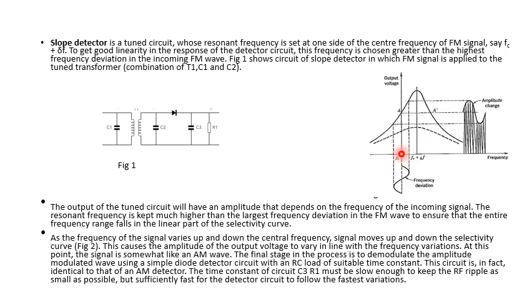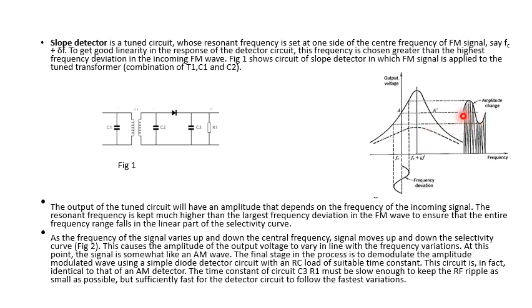Corresponding to the carrier frequency, the voltage is this much. Therefore, correspondingly, the amplitude of the signal will be at this point. And at the point where the frequency is minimum, the amplitude of the output signal will be like this.